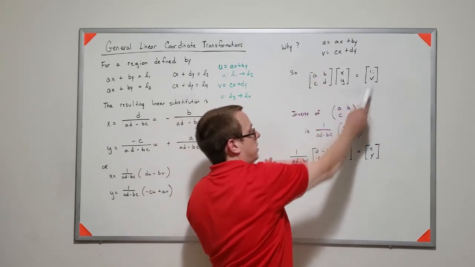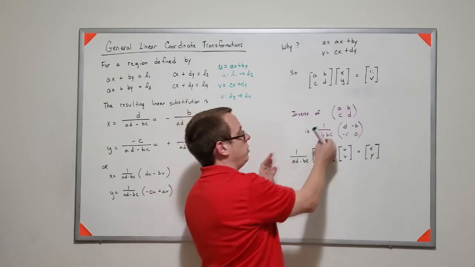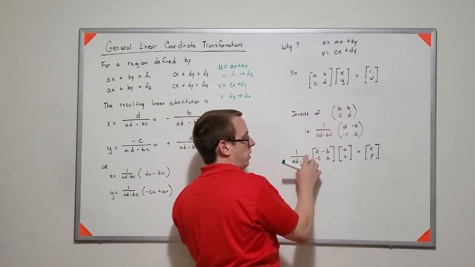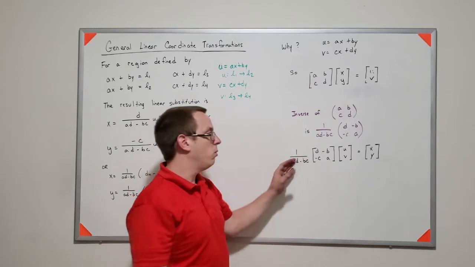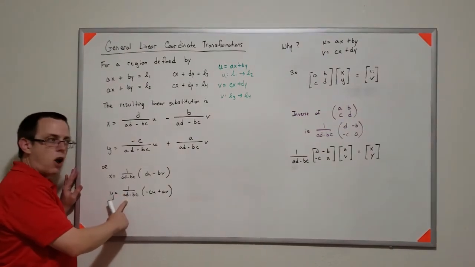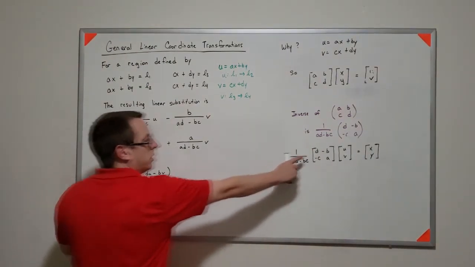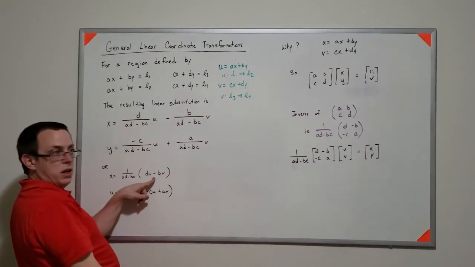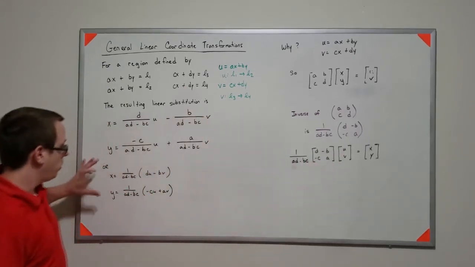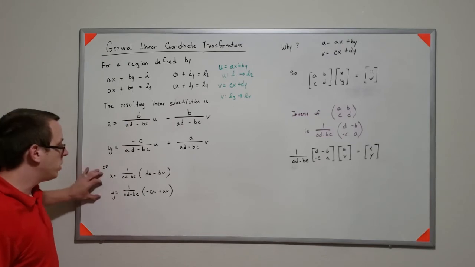And if we multiply this side by that on the left, you get that here, and you get that in front. So ultimately, what you get, x and y, are that constant out front, du minus bv, negative cu plus av. So this right here will get you the substitution you want.